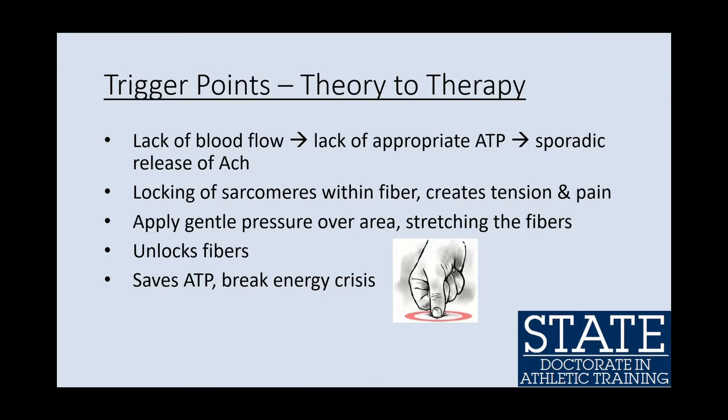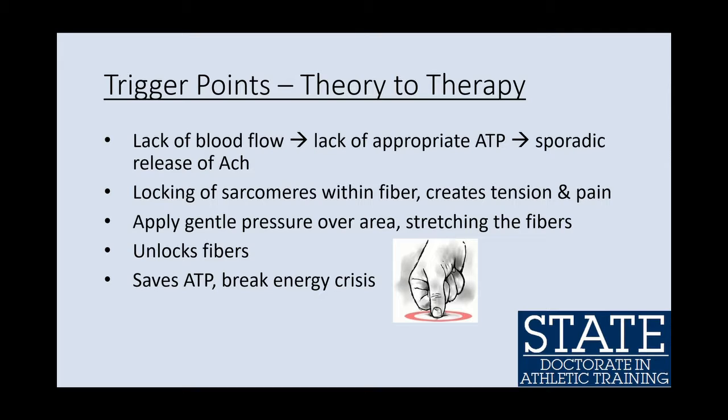So basically, overall, the point of this section is that the lack of blood flow due to the sustained contraction or the repetitive contractions, or even muscle damage or injury, will eventually lead to a lack of appropriate ATP.